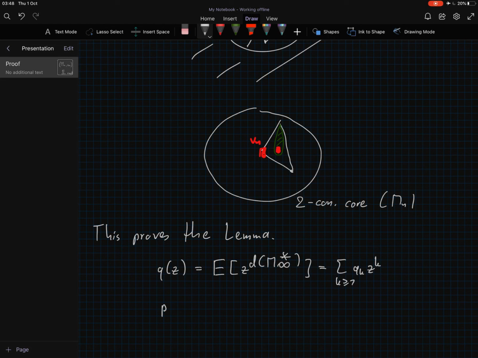Then P is equal to the sum over k of the probability that the root degree in M infinity star is equal to k, times the probability that at least one of these k copies of MB is non-trivial, so that's 1 minus 3/4 to the power k. And this simplifies to 1 minus Q of 3/4.